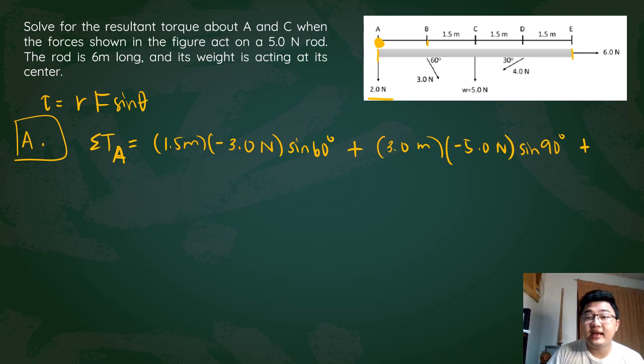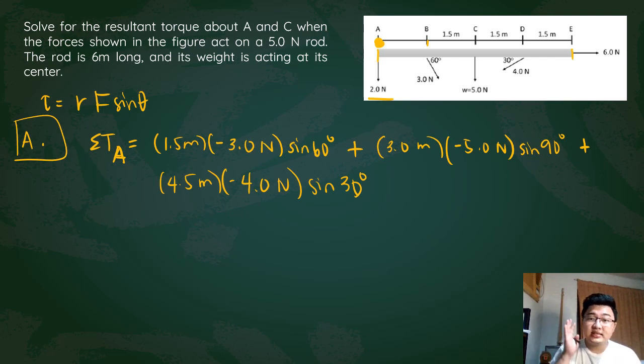Plus, next is the torque exerted at point D, and at point D, the lever arm is 4.5 meters, multiplied by the force acting on point D, which is negative 4 newtons sine 30 degrees. Now for point E, the 6 newton force is exerted parallel to the lever arm.